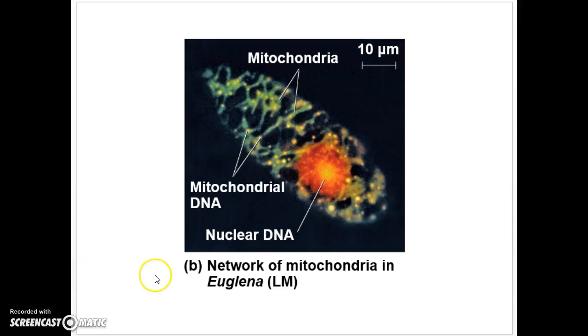This is a picture showing how mitochondrial DNA is found. What this picture is showing, just so you don't get confused, is an actual cell. That's why it's showing nuclear DNA, because this is a eukaryotic cell that has a nucleus with DNA right there.